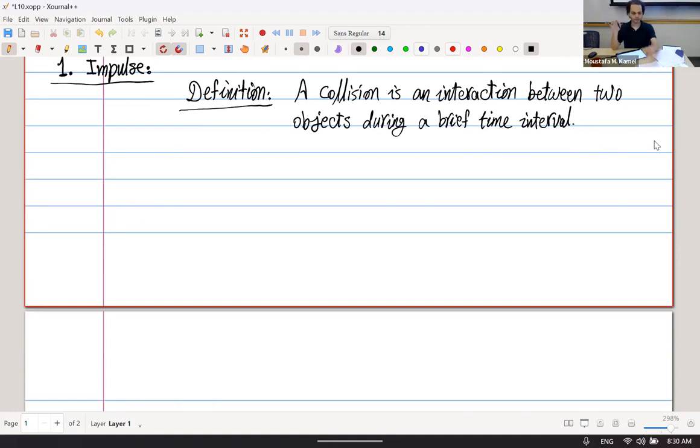But if you have a super fast camera that can capture all the intervals, and you had a video of a soccer ball being kicked, for example, you will see that in the beginning it was a round ball, and during the contact, it squishes a little bit, and then after it leaves again, it comes back to the original shape.